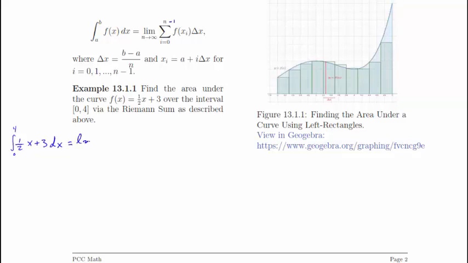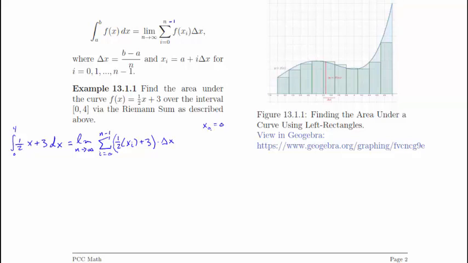So this equals the limit as n goes to infinity of the sum of i equals 0 to n minus 1 of, okay, so f of x is 1/2 x plus 3. So I need 1/2 of x sub i plus 3 times delta x.